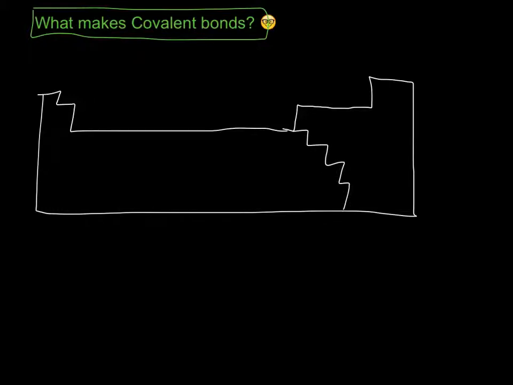We knew that ionic bonds were made when metals from this end combine with nonmetals from this end. So if they're far apart from each other, that's an ionic bond. But if they're close together, like two nonmetals, like carbon and oxygen, or nitrogen and oxygen, then you're going to get a covalent bond. So this is usually formed when nonmetals combine with nonmetals.